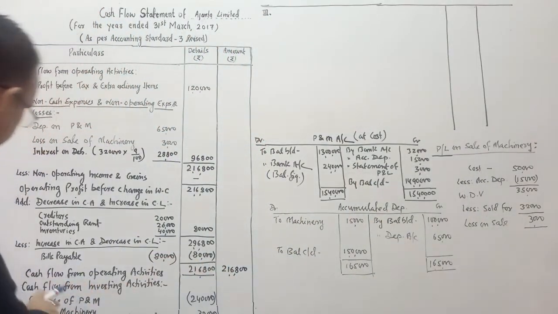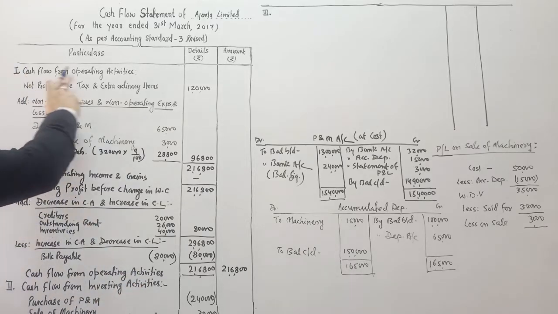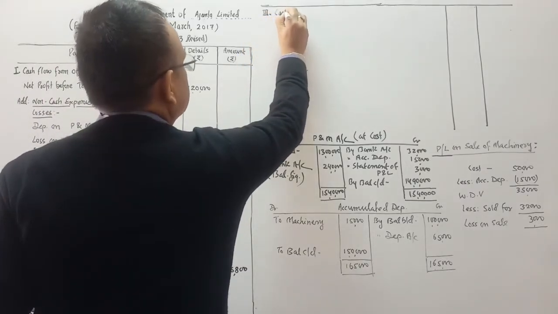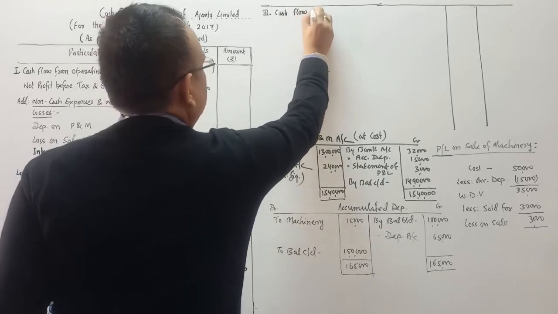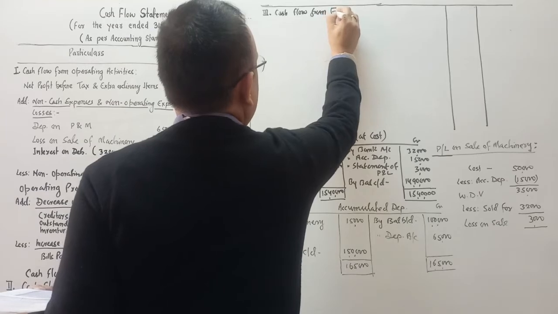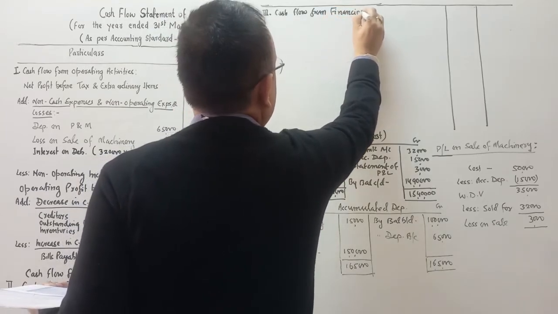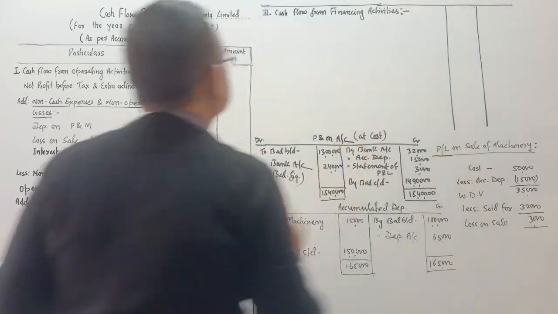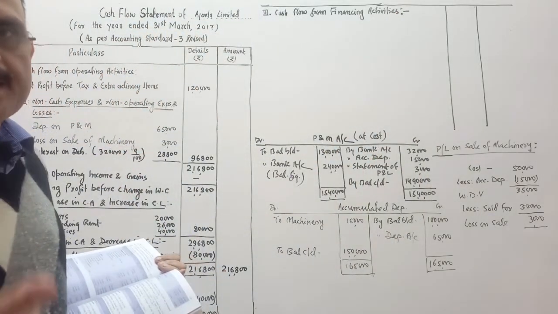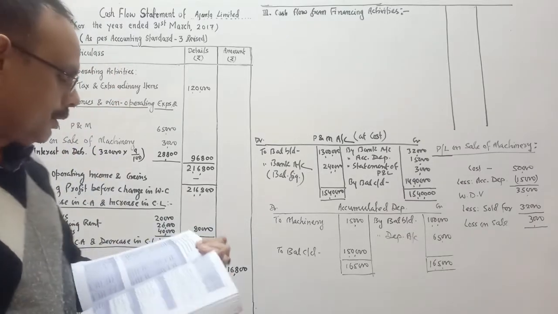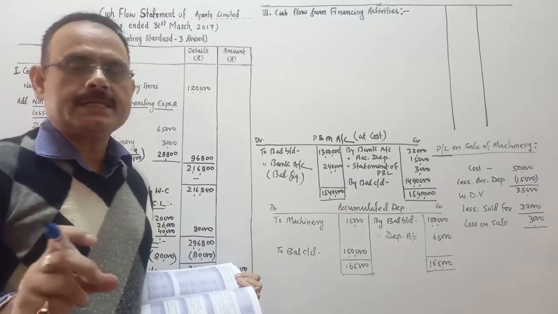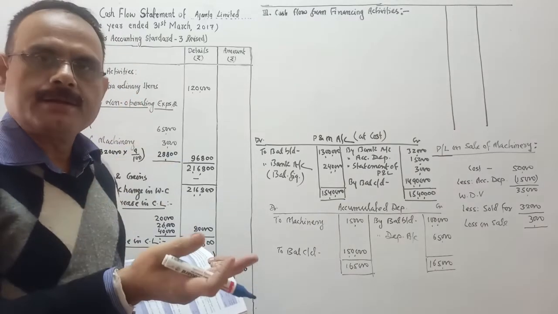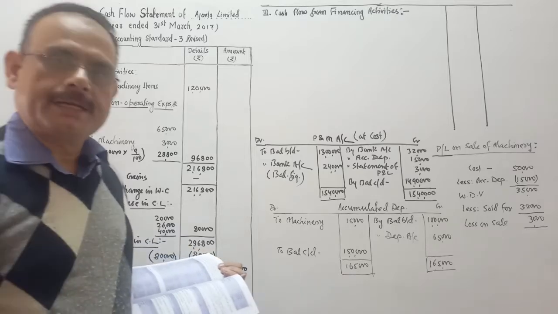Now the third activity comes after cash flow from investing activity. First is cash flow from operating, second is cash flow from investing, and third is cash flow from financing activities. In financing activity, you know that the change in the size and composition of owner's capital and borrowed capital, as well as interest paid and dividend paid, comes under financing activities.